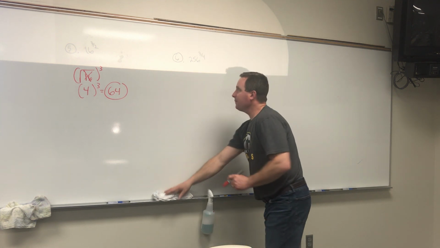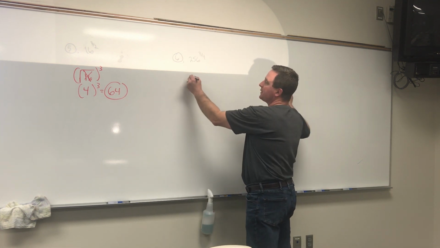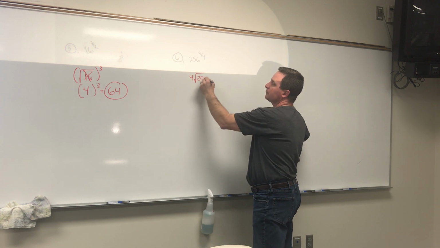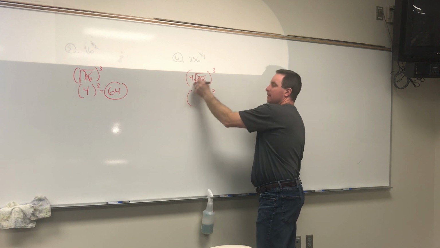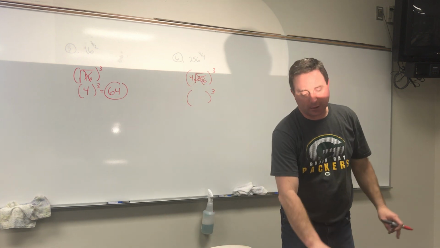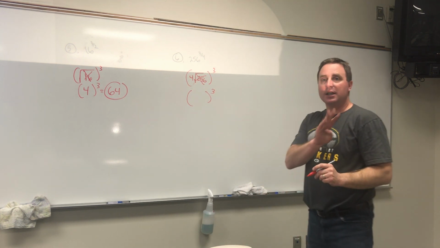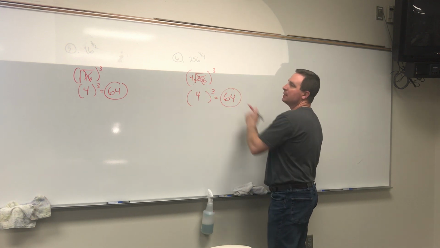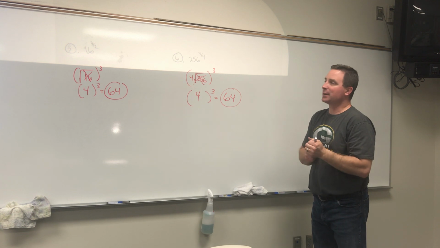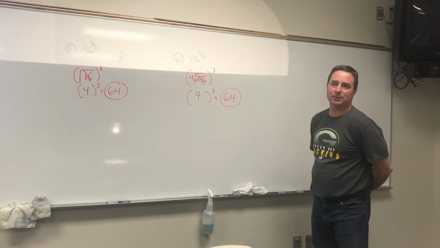This guy is the 4th root of 256 to the 3rd. If I use my yellow sheet, the 4th root of 256 is 4. And again, 4 cubed is 64. So we got the same answer 2 times, but 2 different problems.